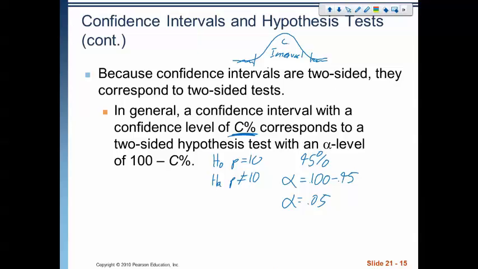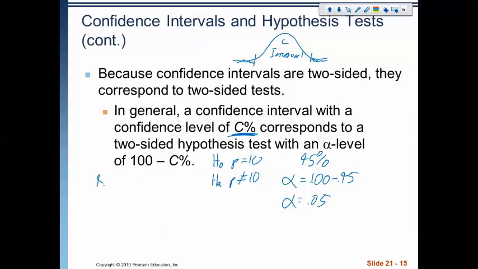Because if this is 95% in the middle, this area on the outside that we measured is 0.05. So the confidence level corresponds with the alpha value. And on a two-sided test, it's simply 100 minus whatever your confidence level is.